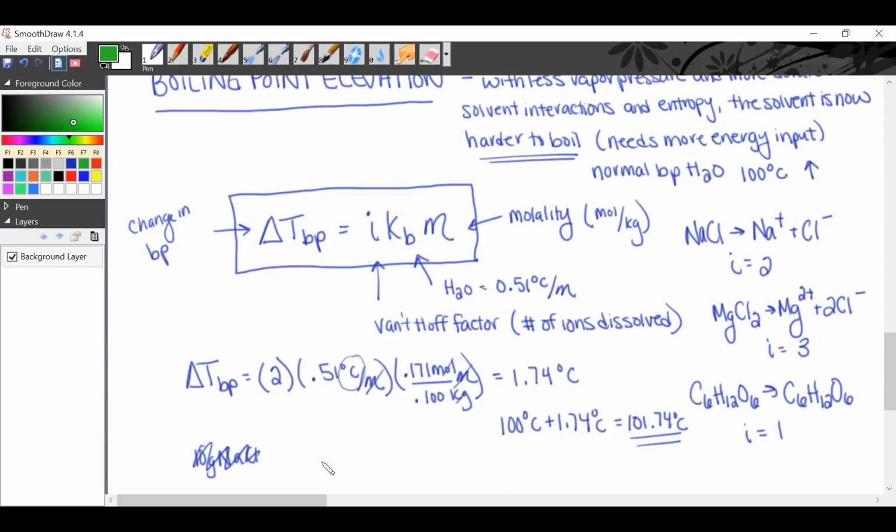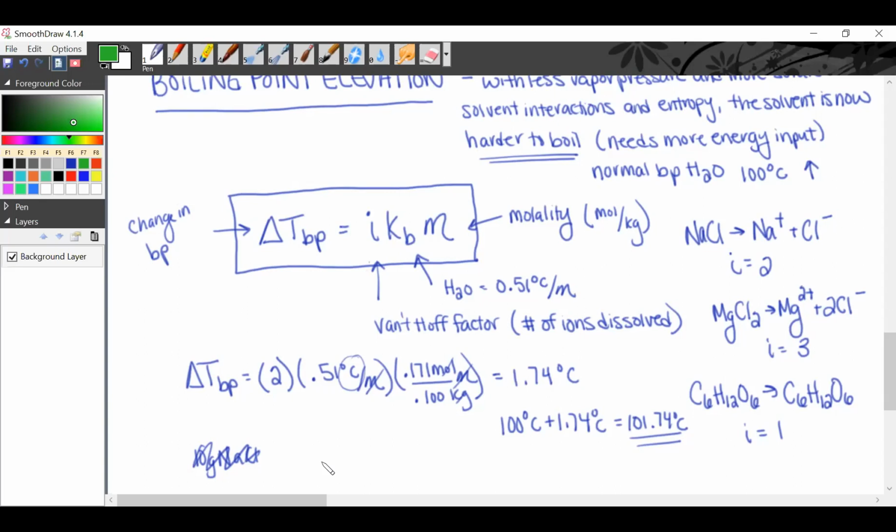In addition to making solvents harder to boil, we've also made them harder to freeze. Because if you've got a bunch of stuff dissolved in your solvent, it is going to be harder for it to solidify because there are solute particles in the way. Going from a liquid to a solid is a decrease in entropy. We're making it more ordered.